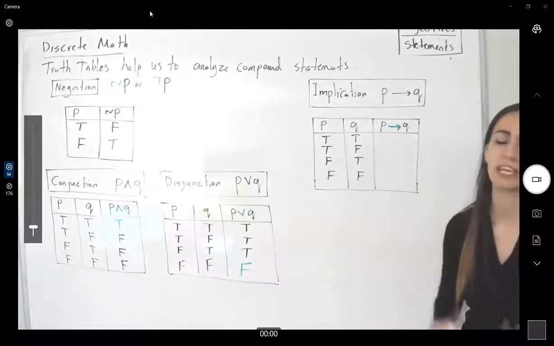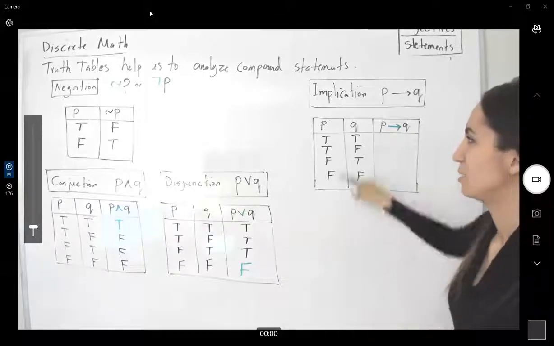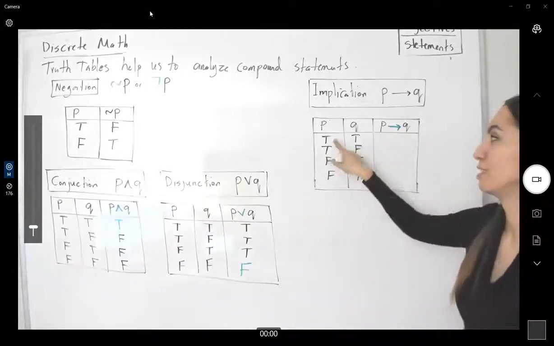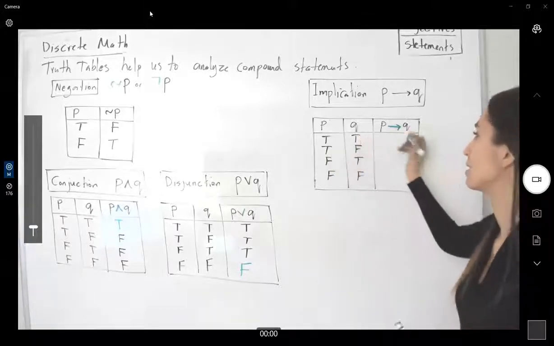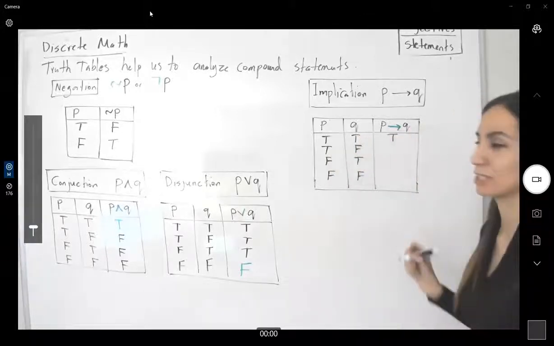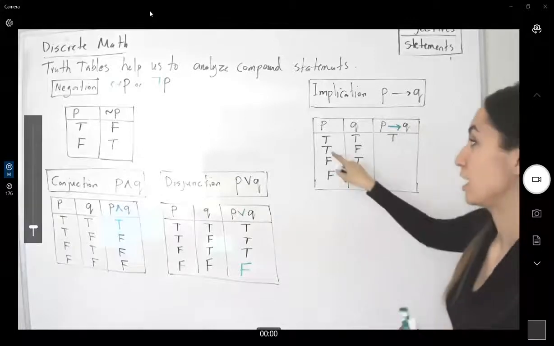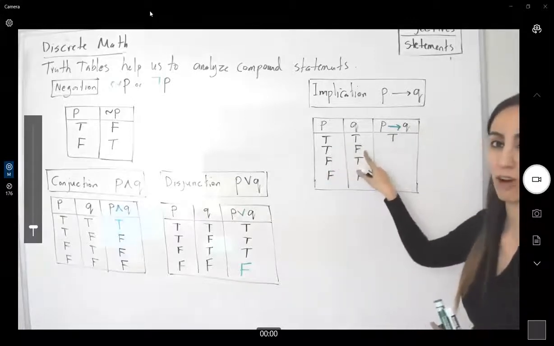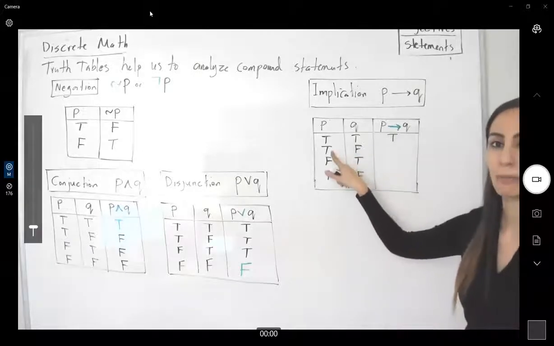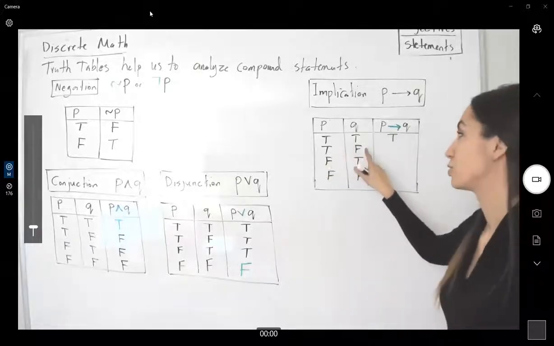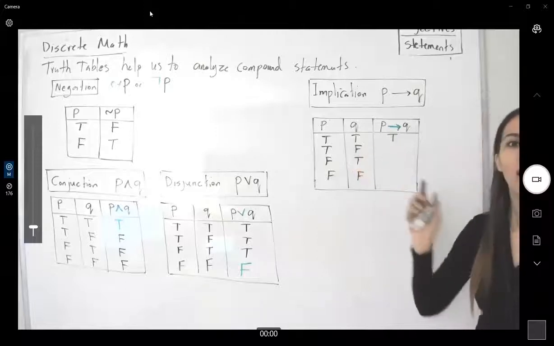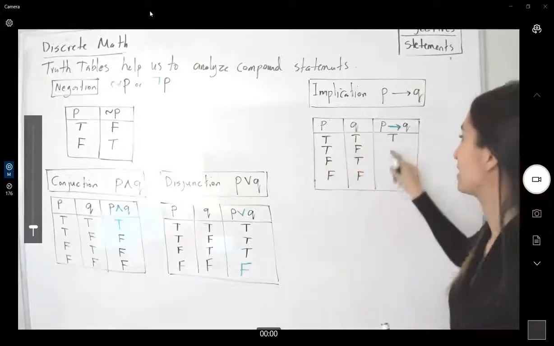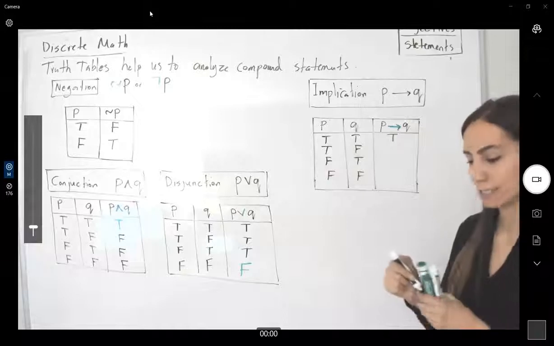We define implication this way. If P is true, then Q is true, the compound statement is true. If P is true, Q is false, if your hypothesis is true, your conclusion is false, the outcome is always false.